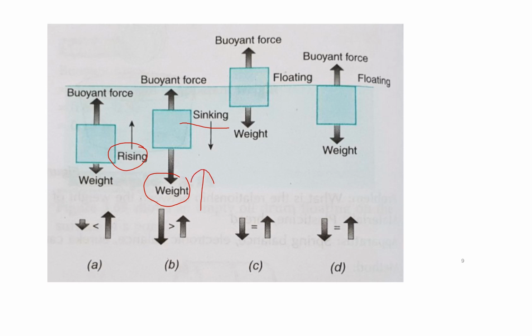For C and D, the weight and buoyant force are approximately equal, so the object can be partially or fully submerged. C is partially submerged and D is fully submerged, but the condition is the same: the weight is approximately equal to the buoyant force.